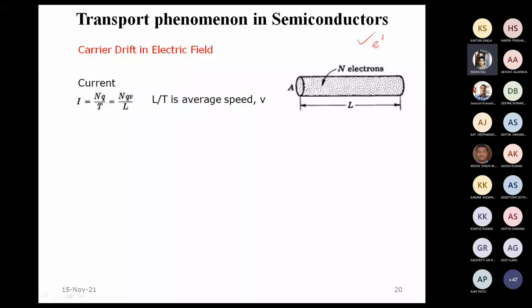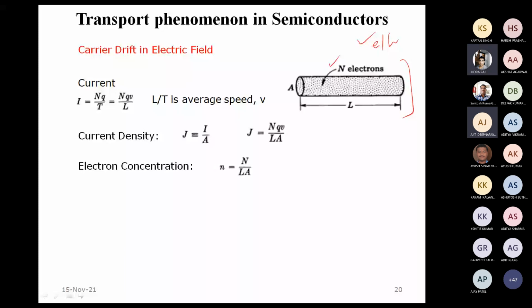But this discussion was purely based on conductors, in which we assumed there were n electrons in a specimen having cross-sectional area A and length L. We looked at how we can calculate the current there. We also tried to see the corresponding quantity called current density.